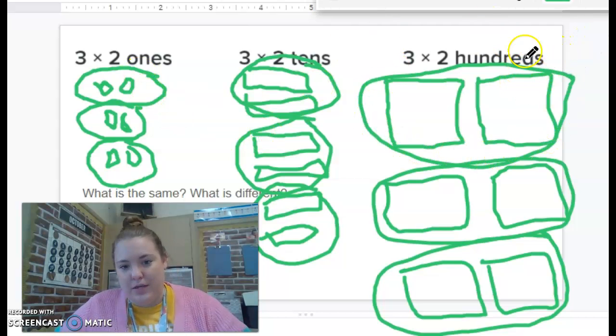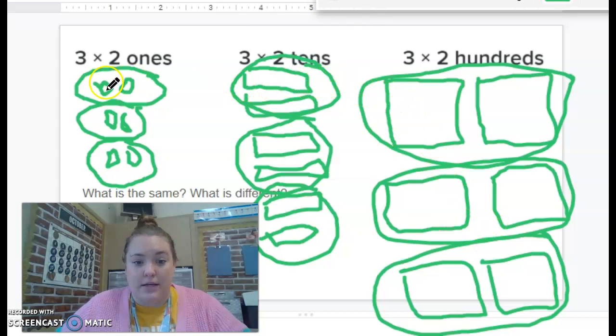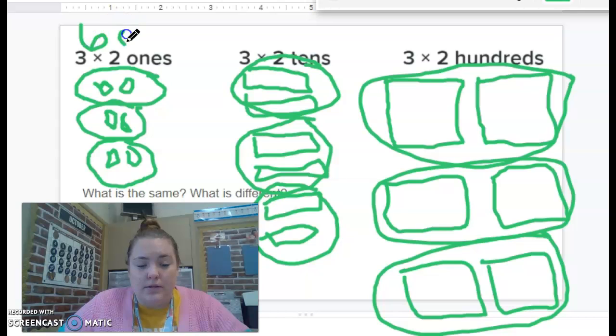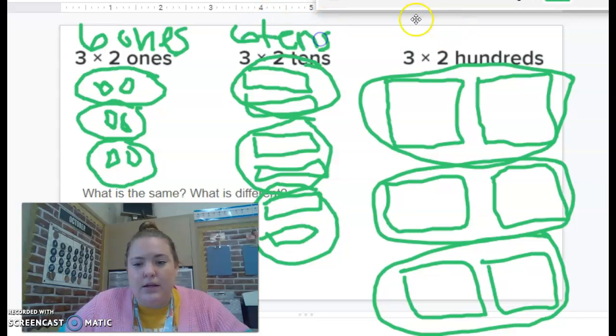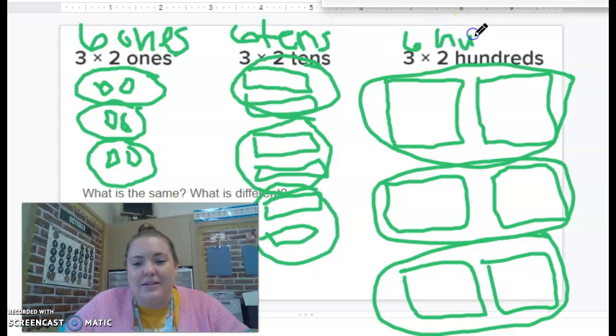So in each of these, we have 6, right? We have 6 ones. Here we have 6 tens. And here we have 6 hundreds, right?